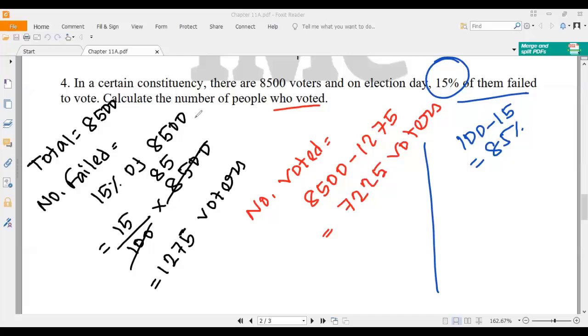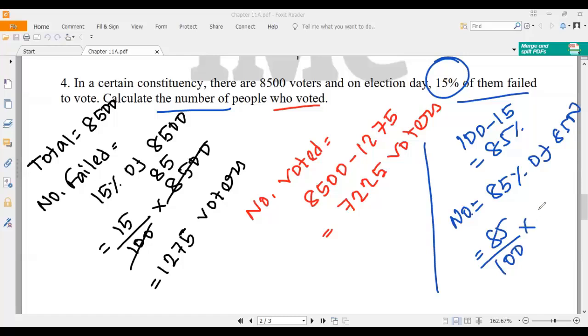So the number will be 85% of 8,500. 85% means 85 by 100 multiplied by 8,500. So after multiplying, you will get a similar answer, 7,225 people who actually voted. So in both ways, we can easily solve this problem. I hope you understand this one properly.